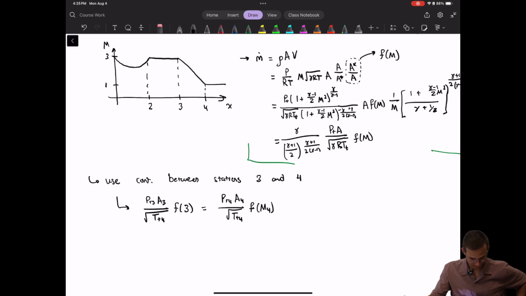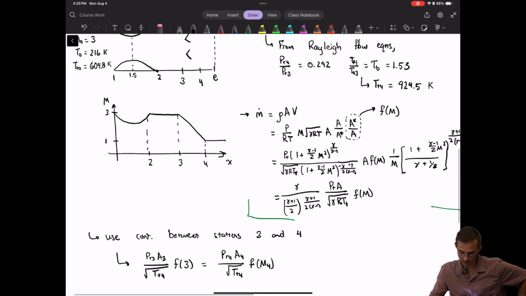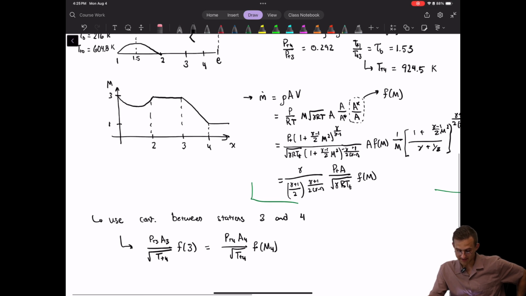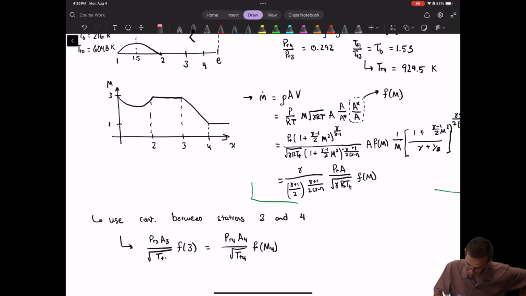Okay, so a couple of things. First off, up until station 3, it's all adiabatic. And we also will assume it's isentropic. It's just varying area flow. So P_T3 and T_T3, this should be T_T3 right here on the bottom of the left-hand side, are equivalent to P_T0 and T_T0. There have been no shocks or anything to cause either of those stagnation values to change.